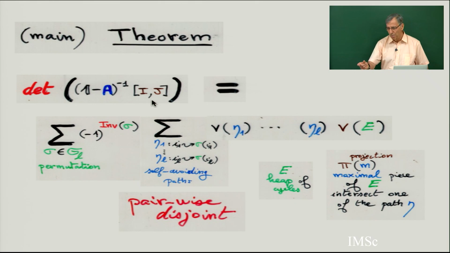Usually the weight will be, going from I to J, the formal variable a index ij, if a index ij is the ij element of the matrix A. So the heap pieces, at least one, maybe 2, 3, 4, intersect one of the paths. What is L? What is M? L is the cardinality of I and J.